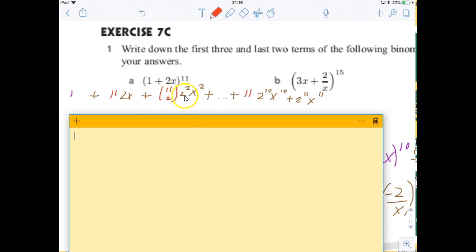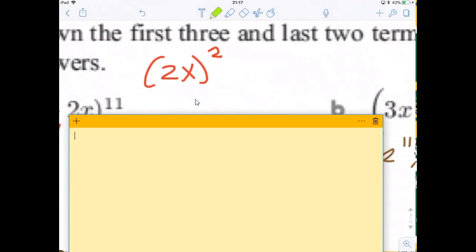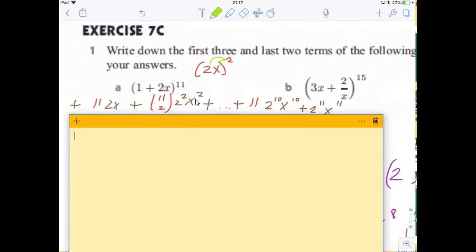Now look at the third term. I have 2 squared x squared. The way you would normally start writing the b term would be parentheses 2x to the squared power, for example (2x) squared. But when you have things in parentheses to a square, you must distribute the square to each one of the elements in the parentheses.